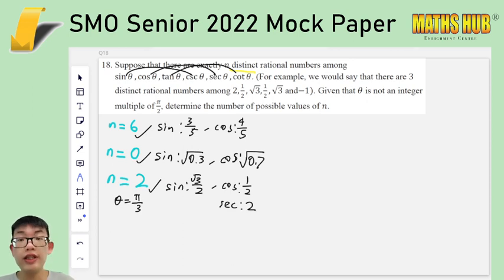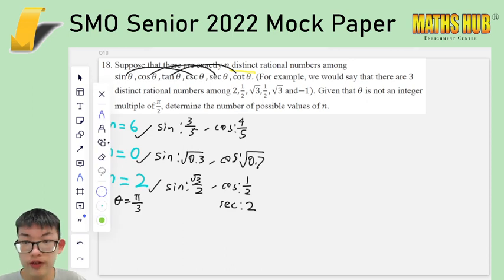Now, if you want to make it n equals 4, however, that does not work because if let's say you have sine and cosine being rational, then tangent should be sine over cosine. So it would also be rational. And if let's say cosine and tangent are rational, then tangent times cosine is sine. So that would also be rational. So 4 does not work for that reason.